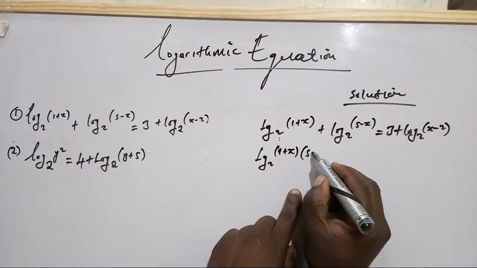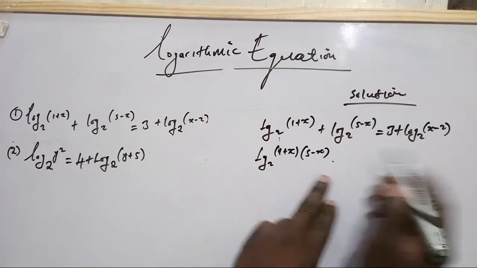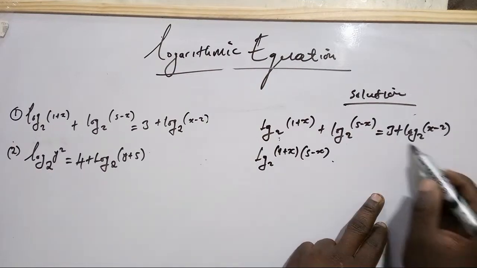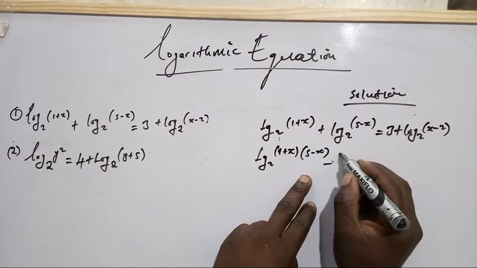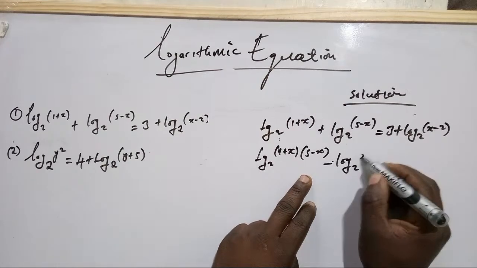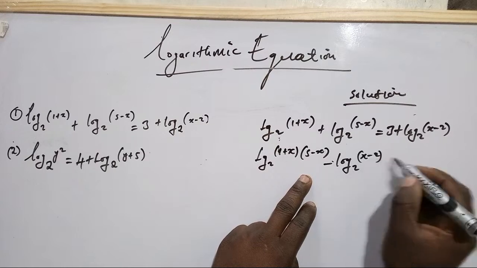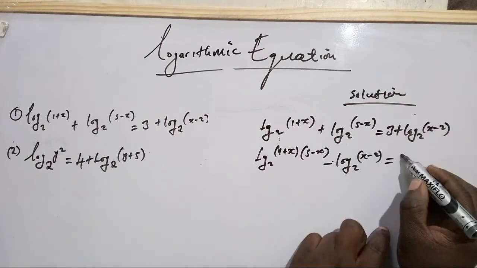Then when this term crosses the equal sign, it will be minus log₂(x−2), which should be equal to 3. Here we remain only with the 3, right?